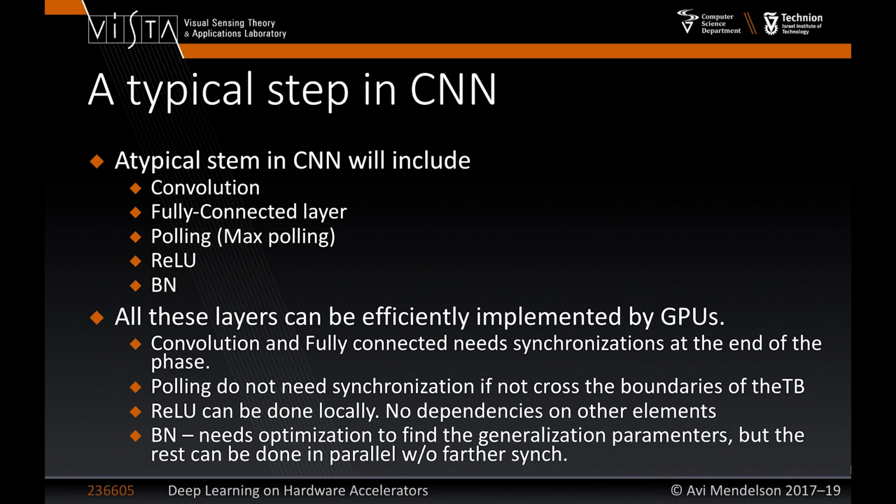But a typical step in a CNN will include convolution, fully connected, pooling, something non-linear like a ReLU, and batch normalization. Each one of these steps can be done by purely linear algebra or something similar.